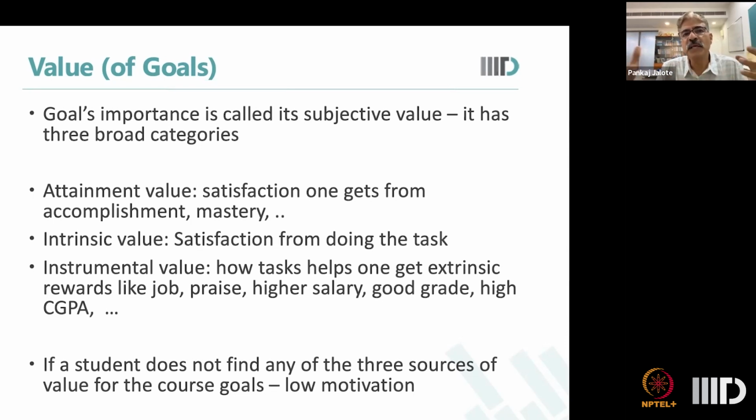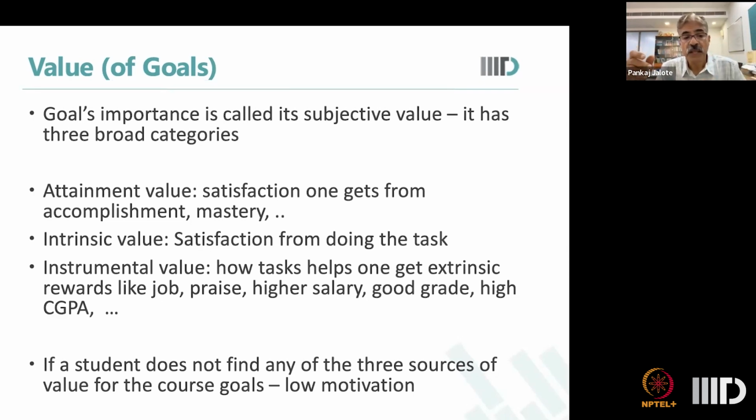You understand how an operating system is working, that's great. And of course, there's instrumental value, how it helps. One gets the extrinsic rewards like job, praise, higher salary, good grade, higher CGPA, you name it. Okay. So just to understand, value that anyone will attach to a goal would have a combination of these three, sometimes very high instrumental value, sometimes very high intrinsic value, etc.